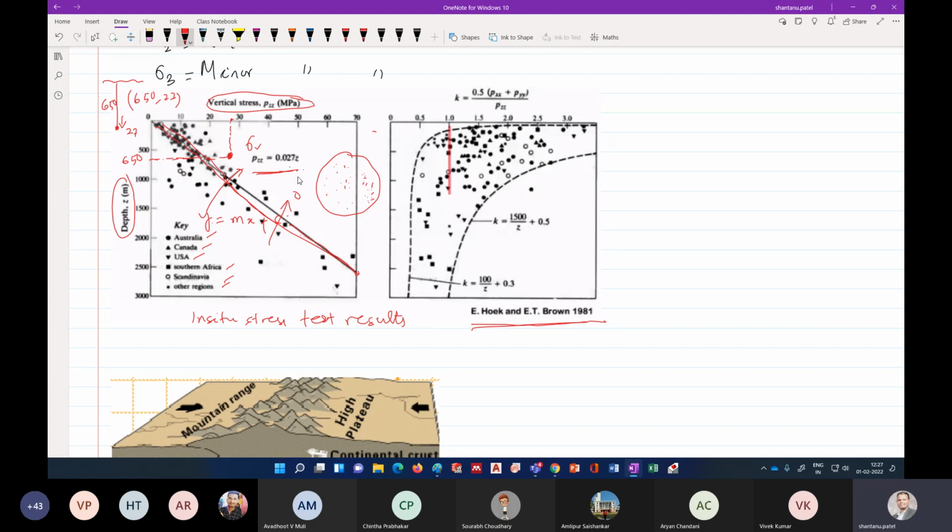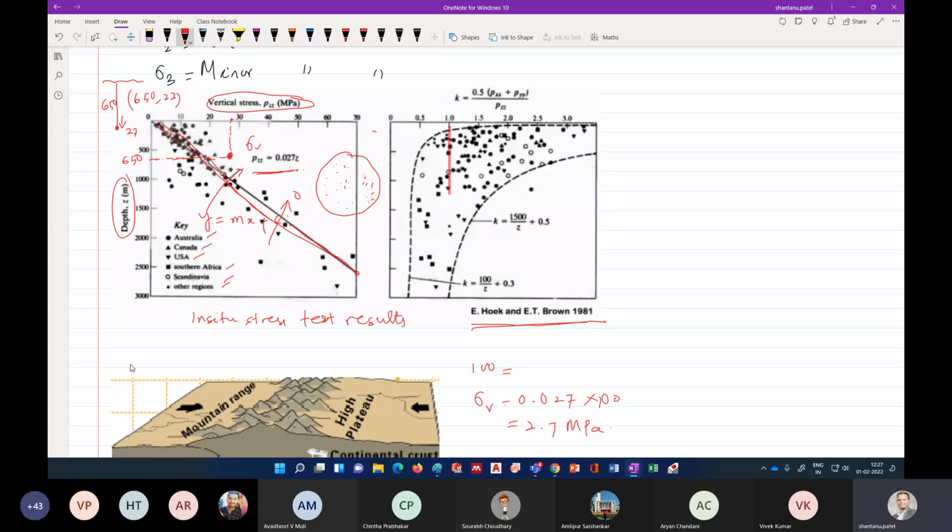So in most places, when we design something, we don't go and find out the vertical stress. We just assume that, let's say at 100 meters deep, my vertical stress will be 0.027 into 100, equal to 2.7 MPa. So this is a reasonable kind of assumption. Is this clear? What is this vertical stress here and how do you calculate it?